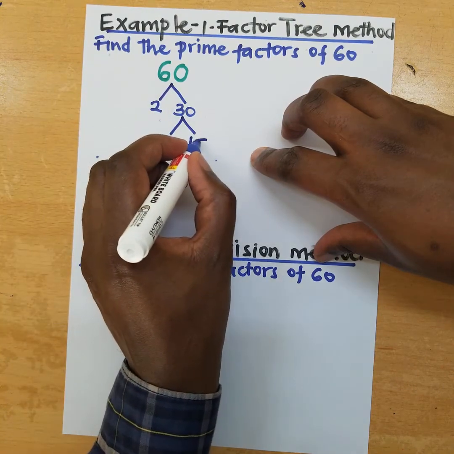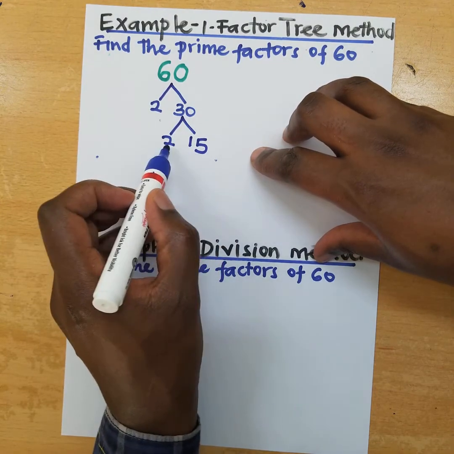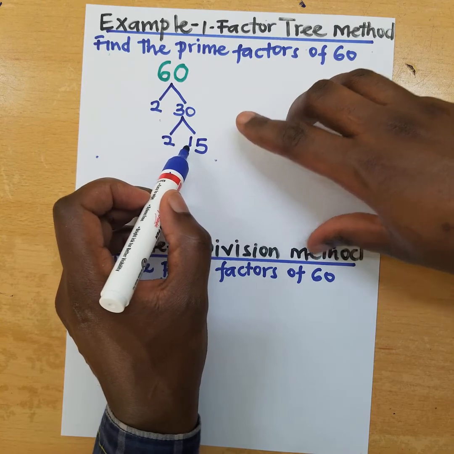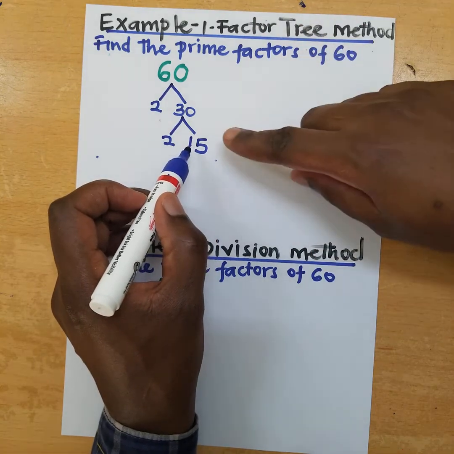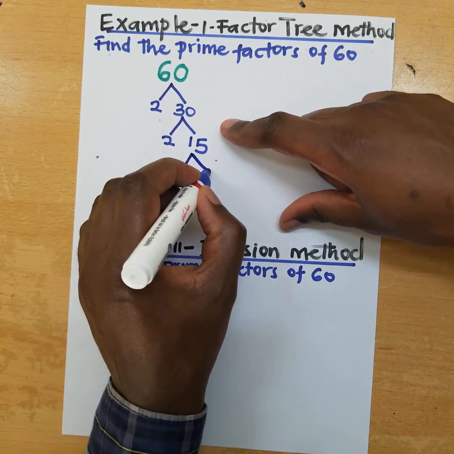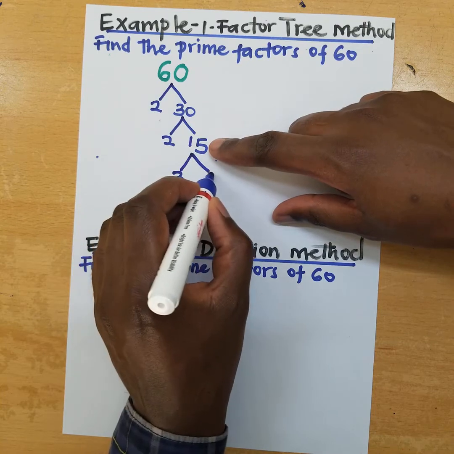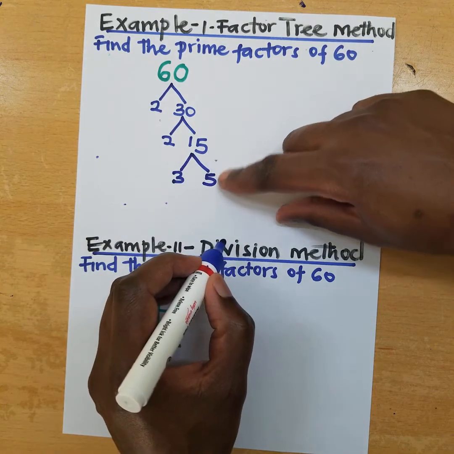30 divided by 2, what do I get? I get 15. Now I realize that at this point I cannot use 2 because it is not divisible. Remember, it has to be a factor and a prime number. A factor is not leaving any remainder. So now I'll go to the next prime number, which is 3. 15 divided by 3, I'll get 5. I cannot go any further.